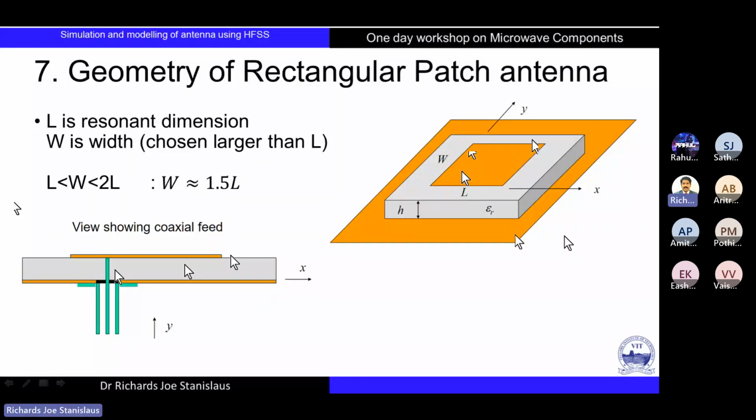The green line is a coaxial probe, and the parts below are the coaxial conductor. You give the feed input at a particular point offset from the center, so that you generate the radiation pattern around it.